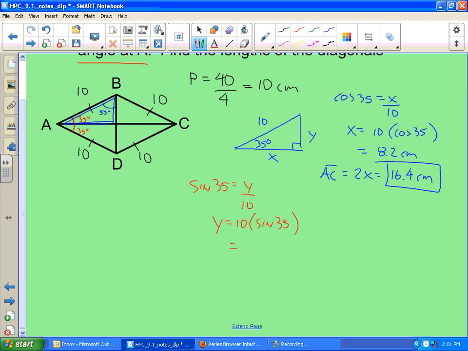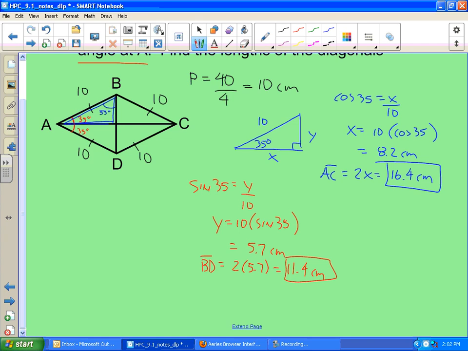Say what again? 5.7? So that means diagonal BD is twice that, or 11.4 centimeters. We in agreement?